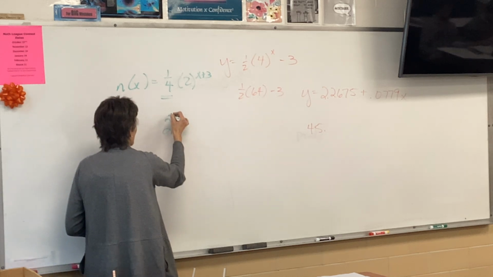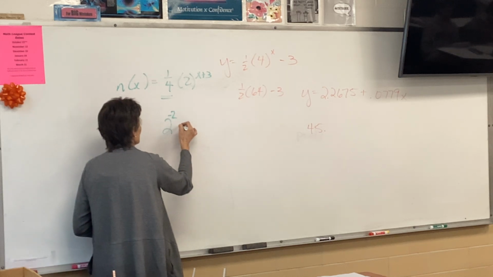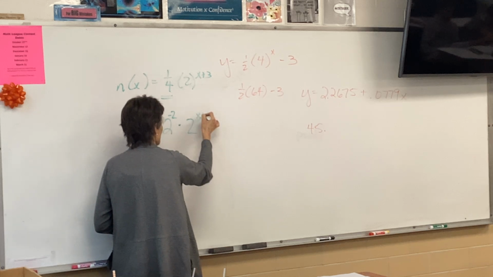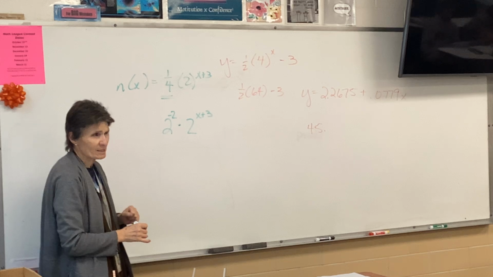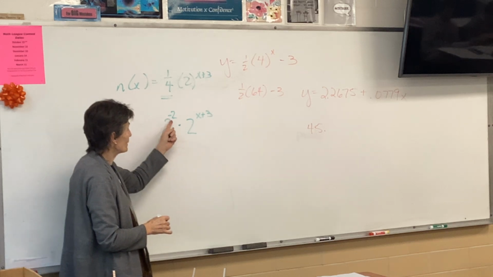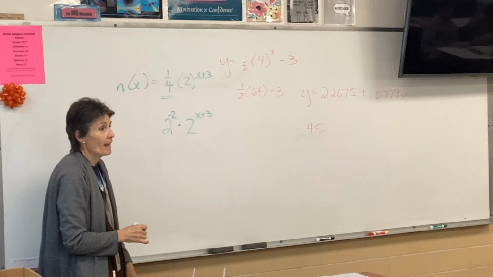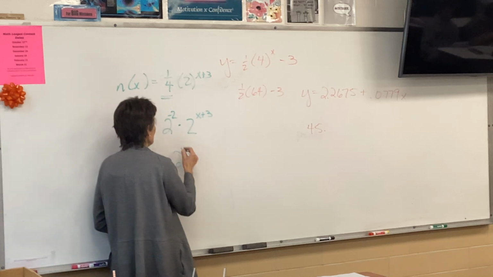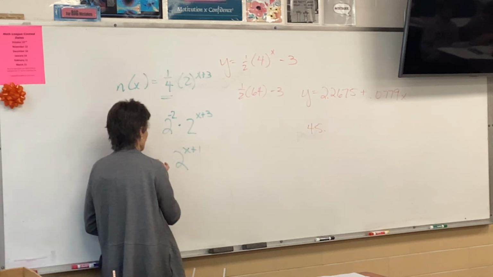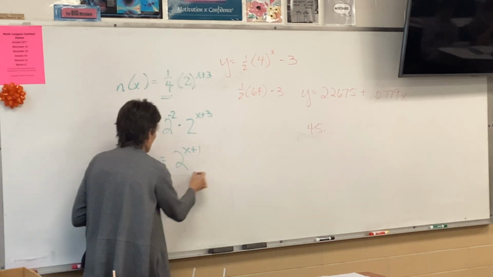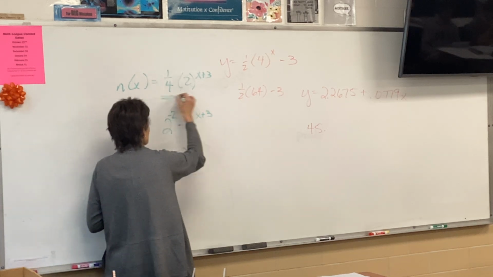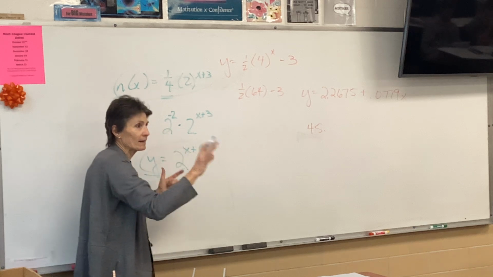So we're gonna rewrite that as 2 to the negative second times 2 to the x plus 3. And then we'll combine our exponents. How will we combine them? Adding them. So 2 to the x plus 1. So this equation and this equation are exactly the same.